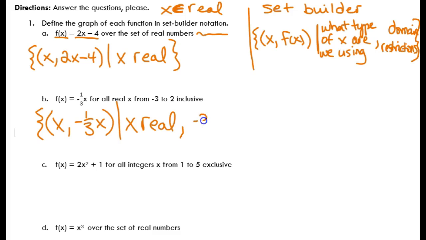We'd say x is greater than or equal to -3, and I knew it was or equal to because it's inclusive. And x is less than or equal to 2. So x is somewhere in between -3 and 2. If we were to graph this, we'd only graph from -3 to 2 as far as the x values go. Alright, let's move this up a little bit.